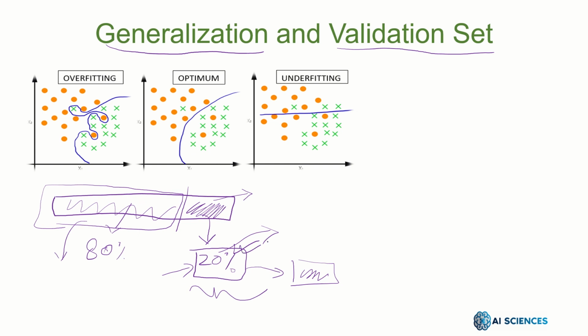So this split size is really debatable, and it really depends. There are heuristics, rules of thumb that practitioners came up with to get these splits to work well. Depending upon the quantity of the data, the splits may vary from data to data.